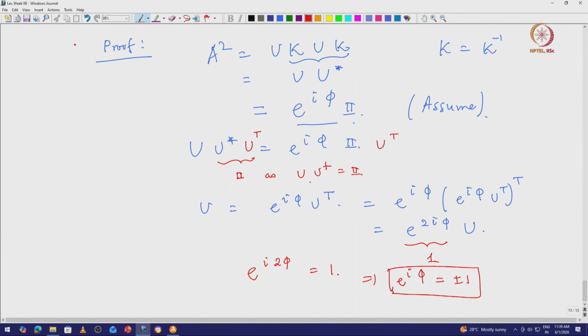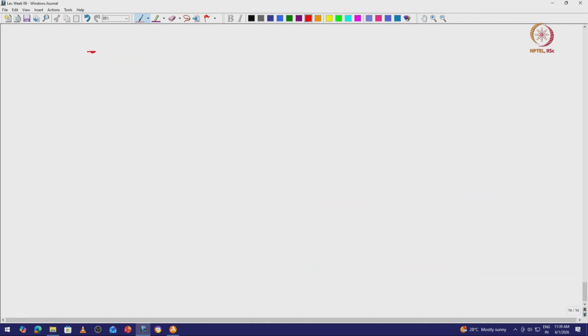Okay. So now two things happen. A square equal to plus 1 or equal to minus 1.